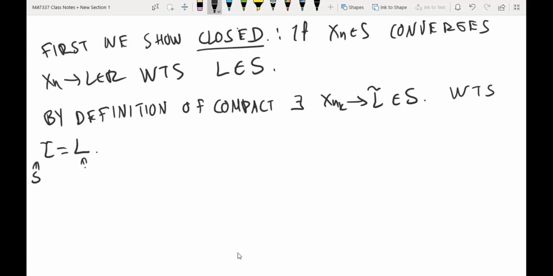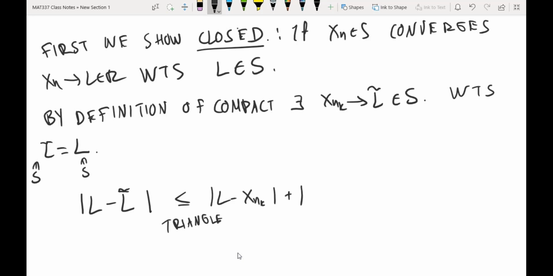So this is simple. You just do the triangle inequality. And that's it.